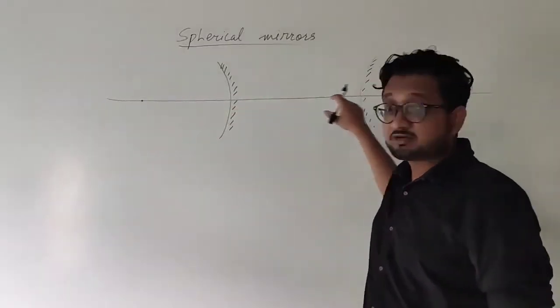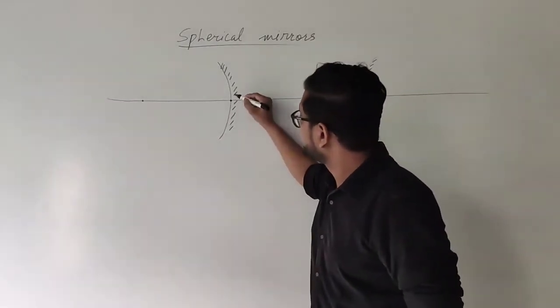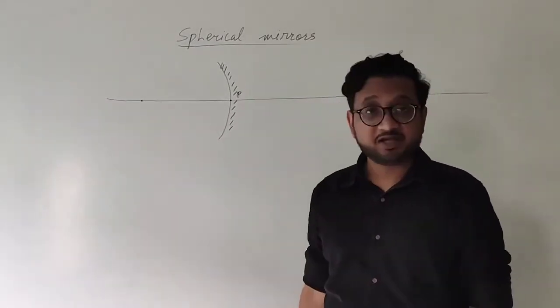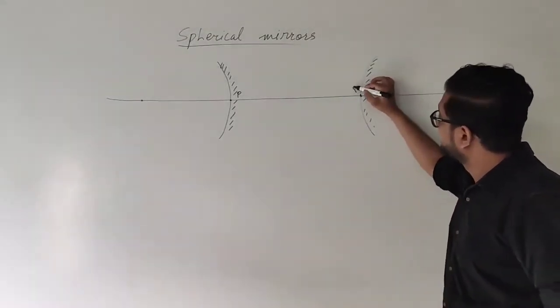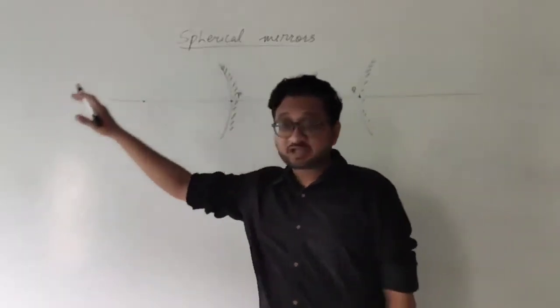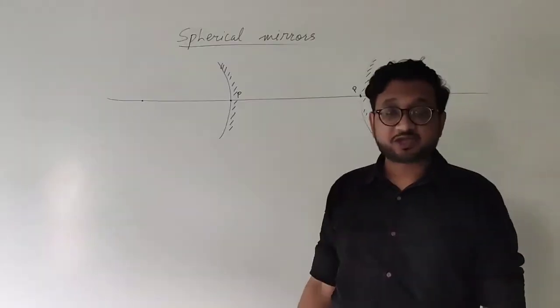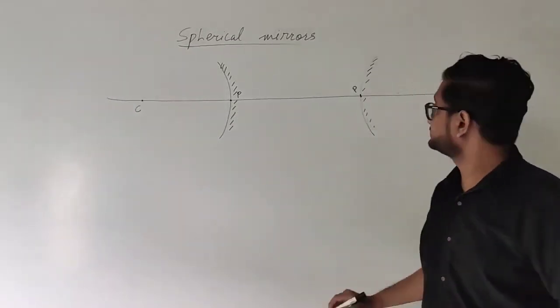We have principal axis which passes through the center of the spherical mirrors at point P, which is pole. Over here as well, point P, which is pole. Since these spherical mirrors are part of a sphere, that sphere has a center which is called center of curvature.